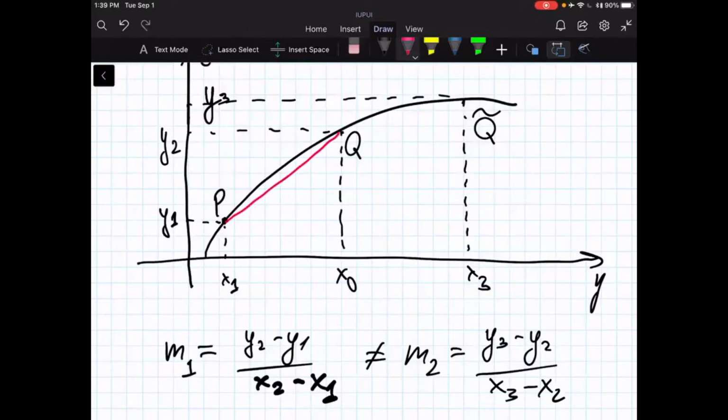It should be a straight line connecting P and Q. And this chord, it's a straight line, so we can calculate its slope, and it turns out that that will be our m1.